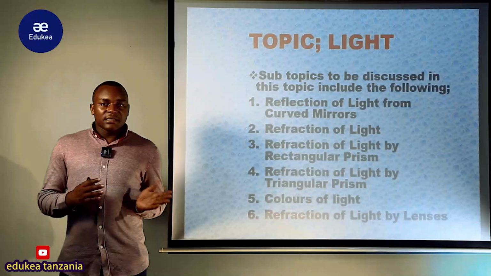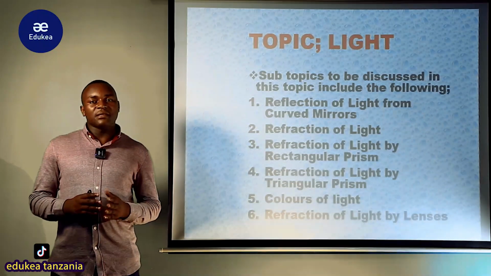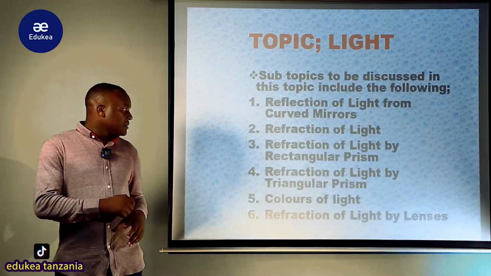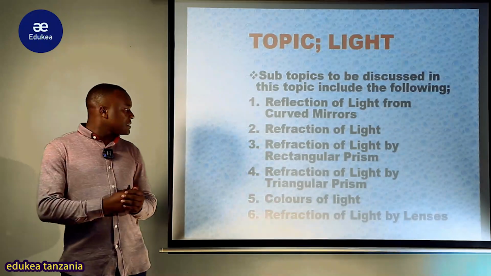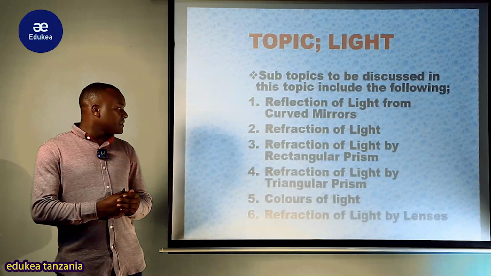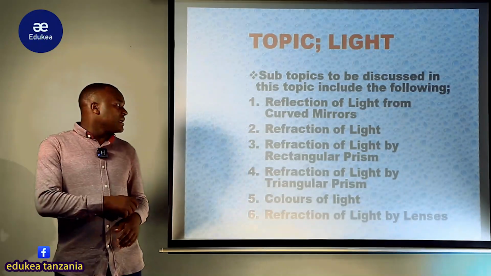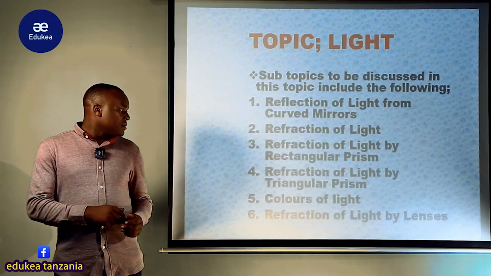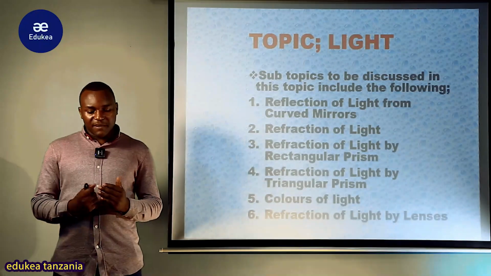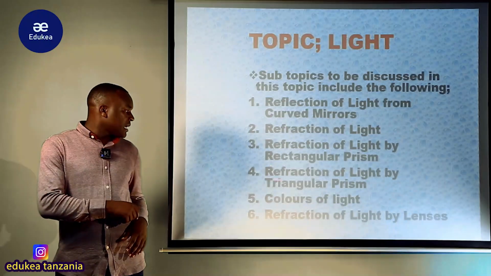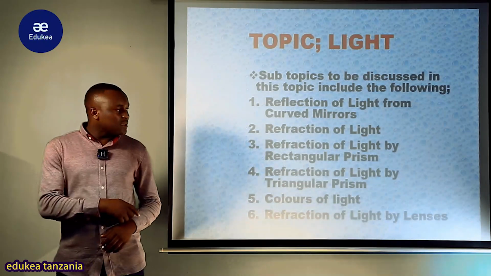Tukaangalia how we can locate the image katika hizi concave lens pamoja na convex lens. Tukatoka hapo tukasoma subtopic ya 3 ambayo ilikuwa inaelezea refraction of light by a rectangular prism. Baada ya hapo tulianza kusoma subtopic ya 4 ambapo hatujaimaliza, we proceed with it, ambayo ni refraction of light by a triangular prism.